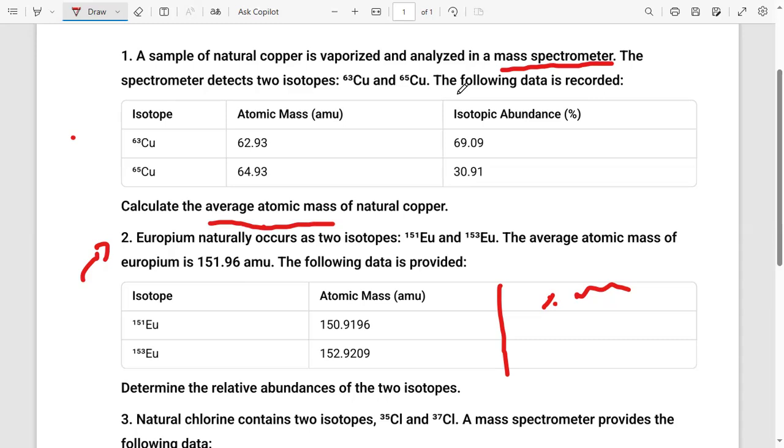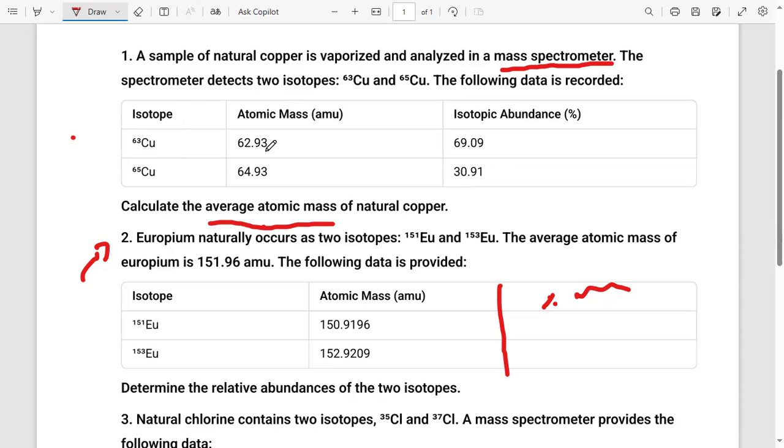And then they're saying the following data is recorded. So here you have the isotope, its mass, and its isotopic what? Abundance. Okay, so for copper 63 here, we have the atomic mass given as 62.93.